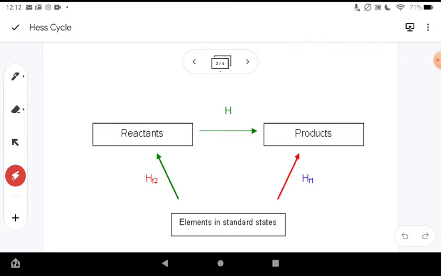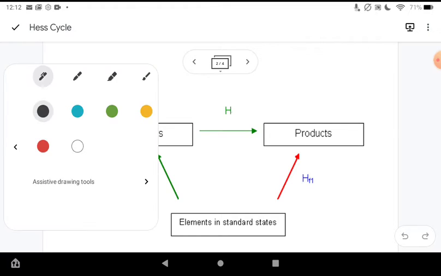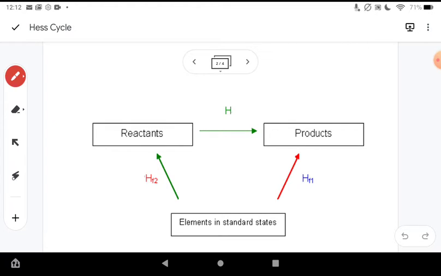This is why we get products minus reactants, because to get here you have to go through this method. And if I go against the arrow, then I do that as a minus. So to go from there to there, I have to go against the arrow, and therefore that's minus my value of ΔHf2, the enthalpy change of formation for the reactants.